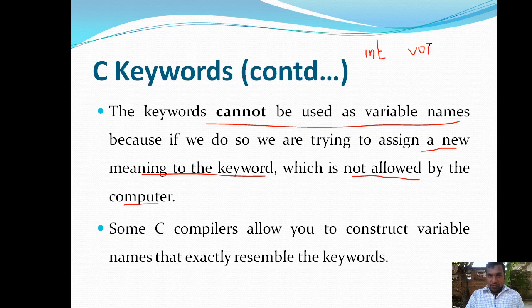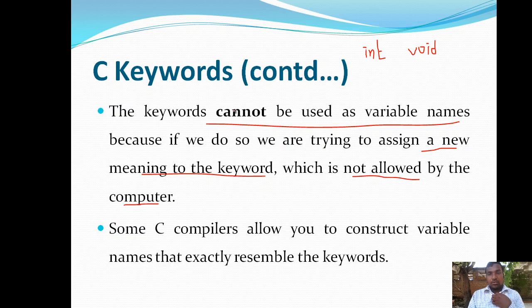If we use int or void as a variable name, then, as I already told you, variables are nothing but the values which can vary during the execution of the program.